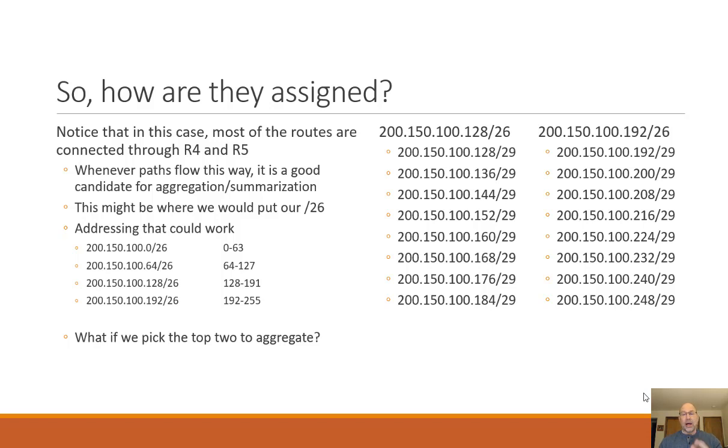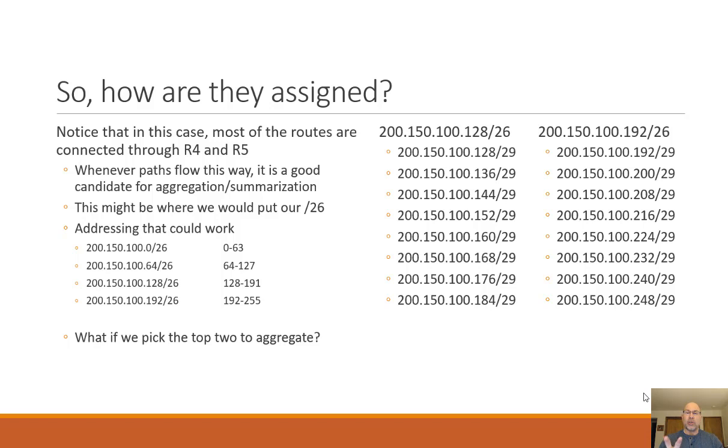On the right-hand side here, I've created a table of some of the networks that might be put together. Now, that /26 that I was talking about, there are only 4 of those in this class C: the .0, the .64, the .128, and the .192.